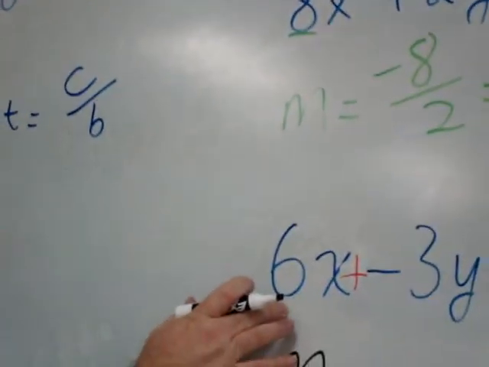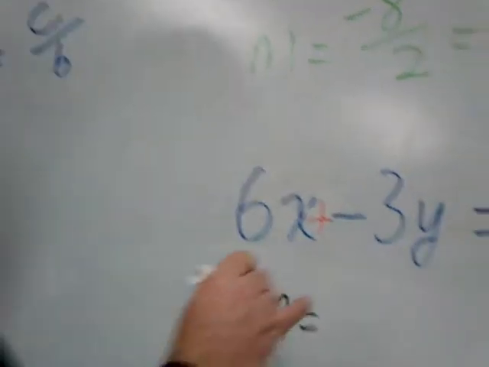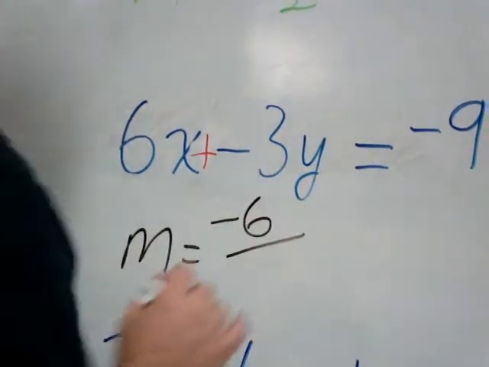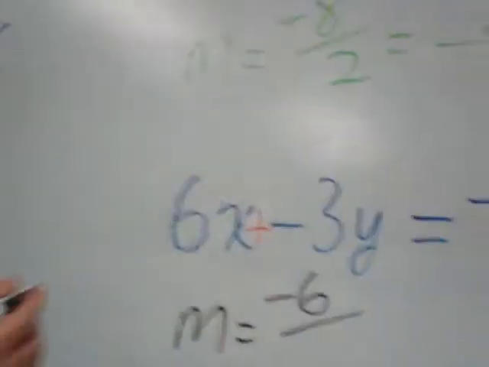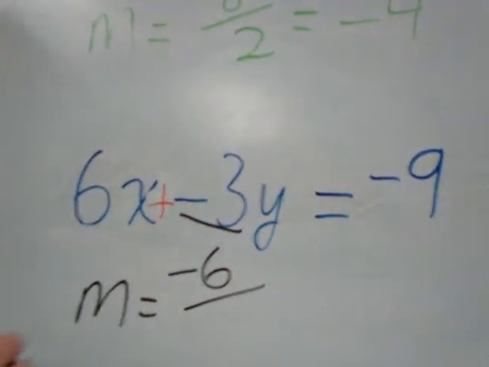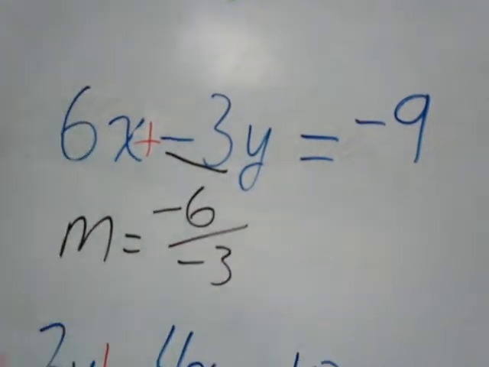I'm going to go back to my formula. M, slope, equals negative a over b. In this equation my a is 6, so negative a will be negative 6, divided by b. In this case, the b term is negative 3. So negative 6 divided by negative 3.